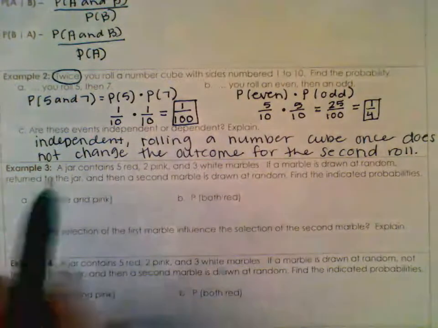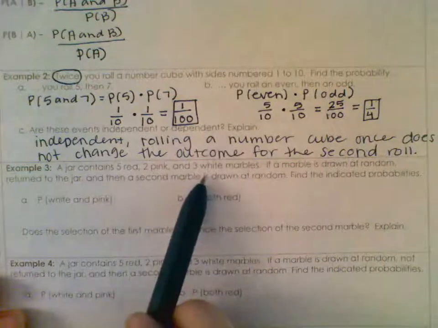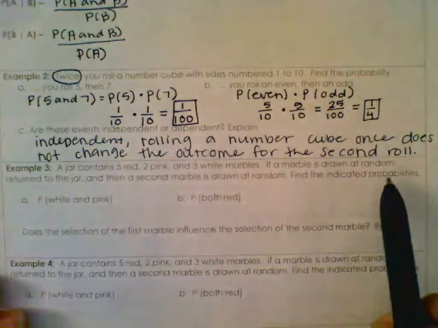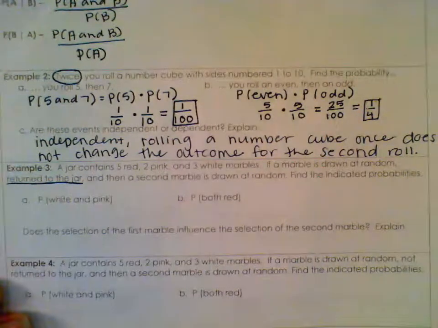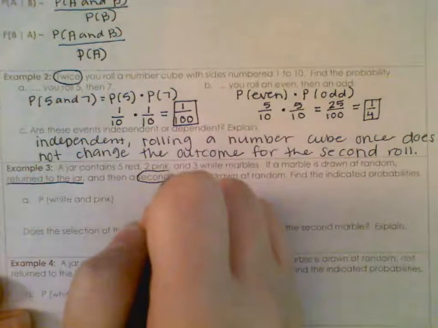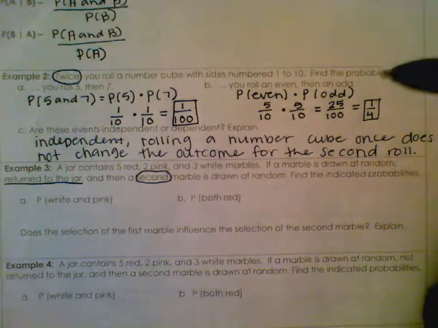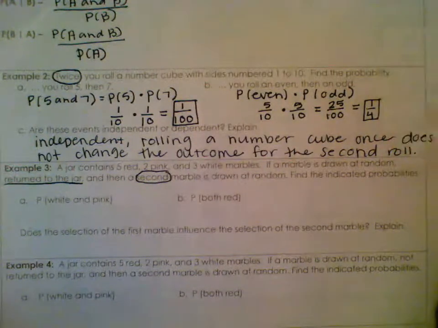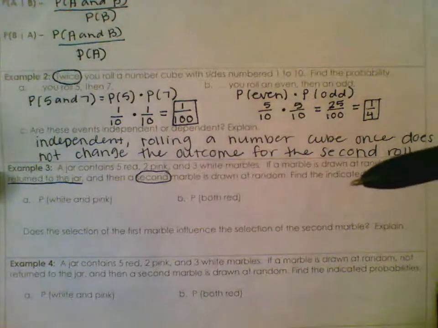Okay, let's look at example 3. A jar contains 5 red, 2 pink, and 3 white marbles. If a marble is drawn at random, returned to the jar, and then a second marble is drawn at random, we want to find the indicated probabilities. So the fact that we are pulling a second marble tells us that we're using our new AND formula where we multiply them together. Also, notice this phrase, return to the jar.